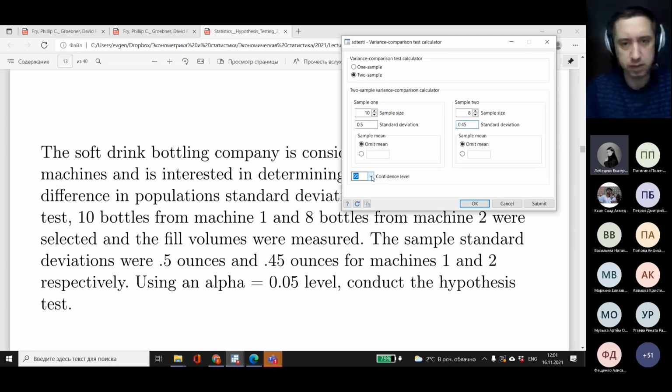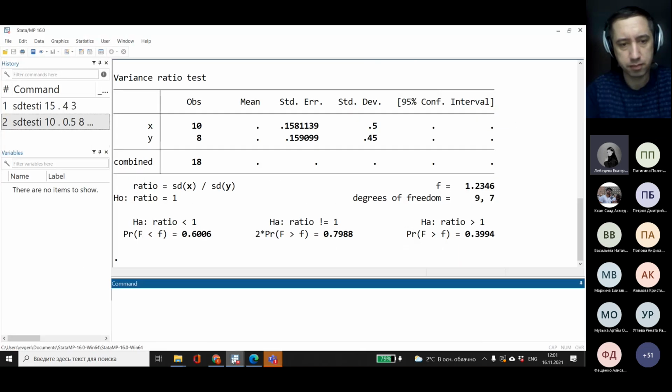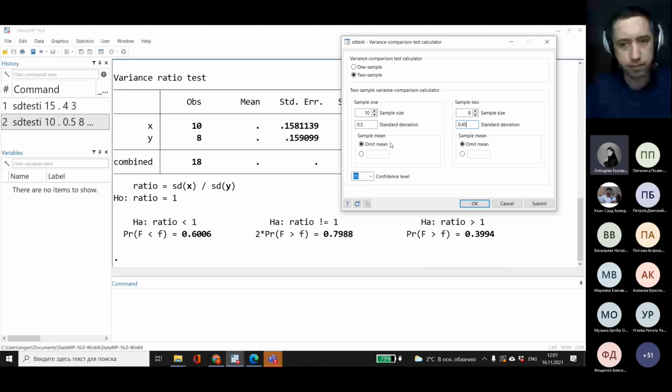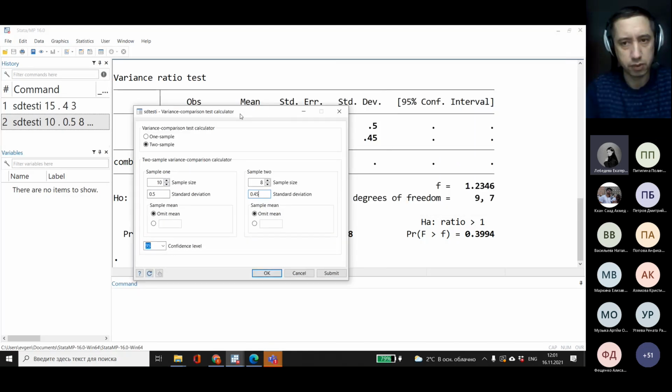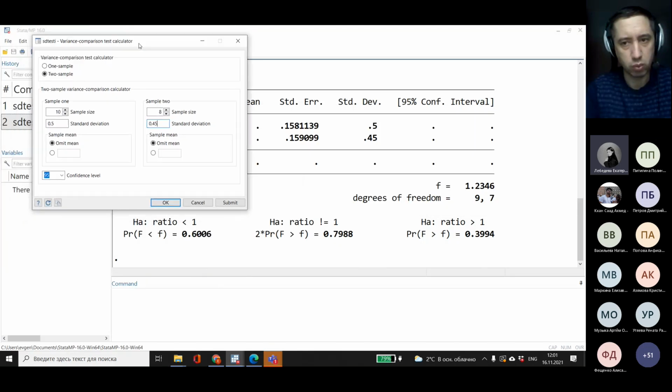Alpha set the same and submit. So this is our output, 1.2346, exactly the same number. Looking at our p-values, we cannot reject the null hypothesis.